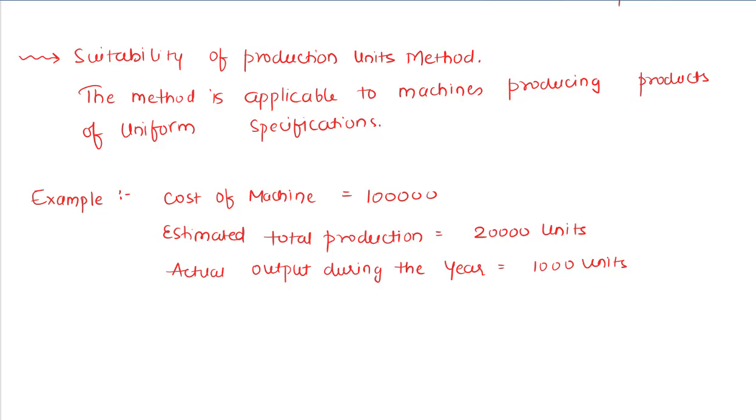Let us calculate the depreciation. Depreciation for the year equals cost of machine, that is 1 lakh, multiplied by actual units, that is 1,000, upon estimated units, that is 20,000.